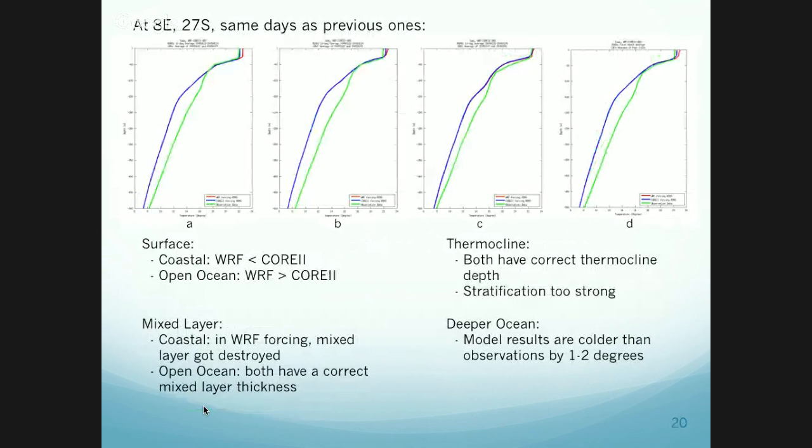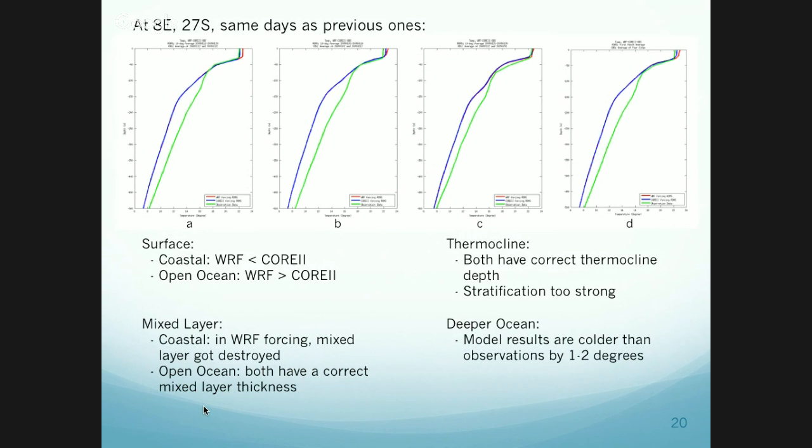This one is around 8 degrees east and 27 degrees south, and at the surface the models are doing pretty good. Their mixed layer depth and thermocline depth here are pretty close to each other. But the problem is also under about 50 meters: here the models are all cooler than the observations.